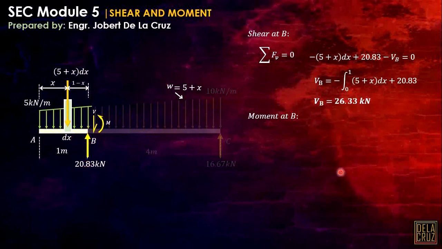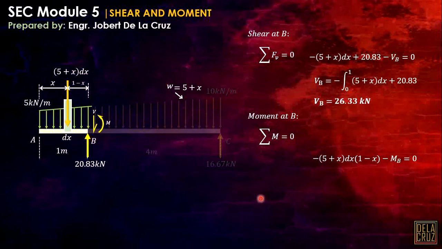Okay, moment at B, summation of moment about this point should be 0. And that will be, okay, so this load, counterclockwise moment, 5 plus x dx, going down. Moment arm is 1 minus x. So minus MB, that will be counterclockwise, equals 0.